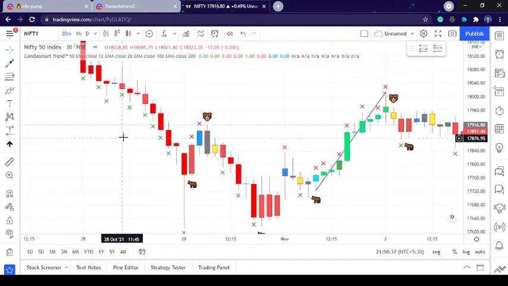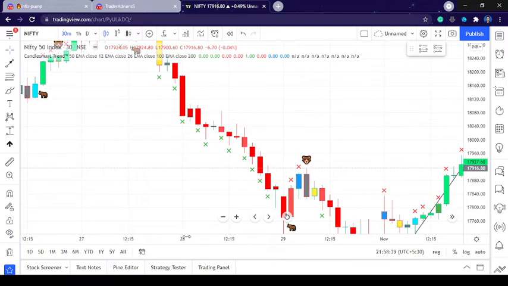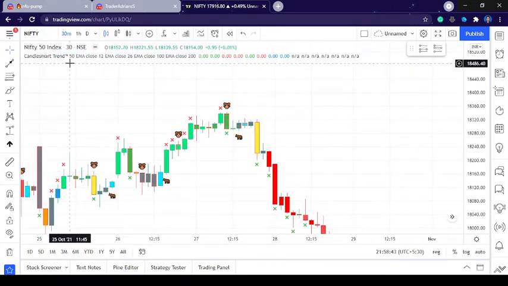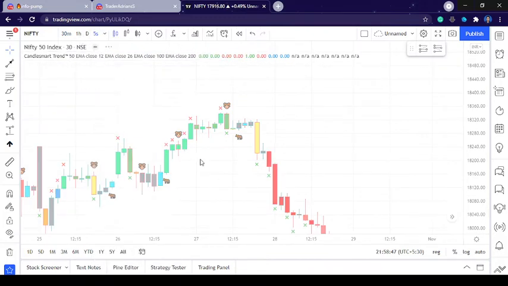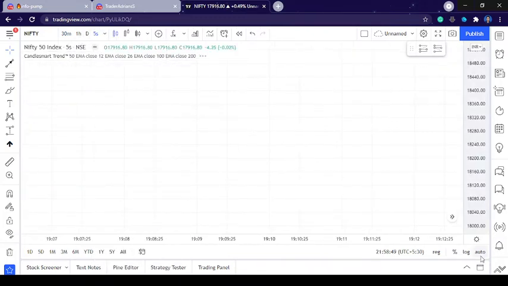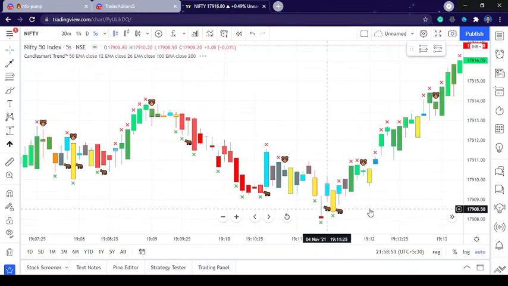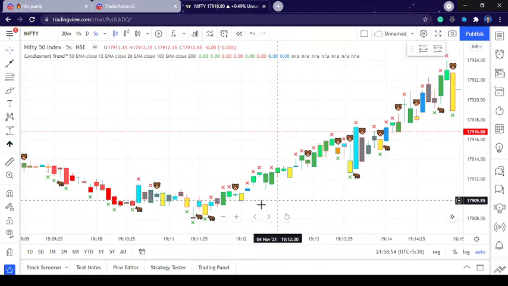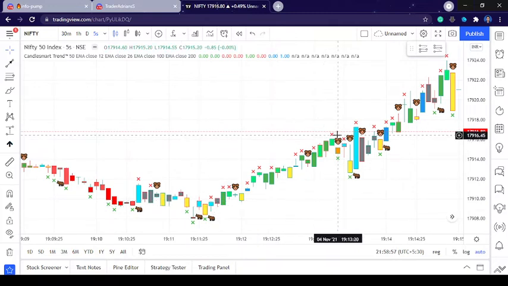Simple to understand, right? The same way, I'm showing it on Nifty 30 minutes, and we can look at 5 minutes or 10 minutes and observe the same trends, basically for some confirmation of where the orders are happening. See here, so many selling order blocks formed, and after that a proper reversal happened.